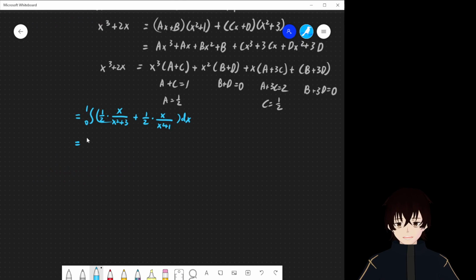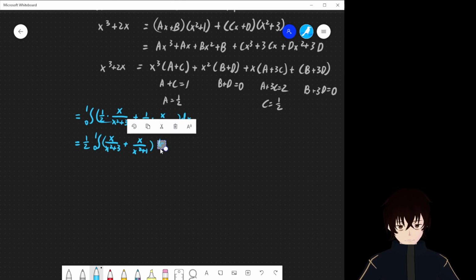So we get 1/2 times the integral from 0 to 1 of x over x squared plus 3 plus x over x squared plus 1 dx.